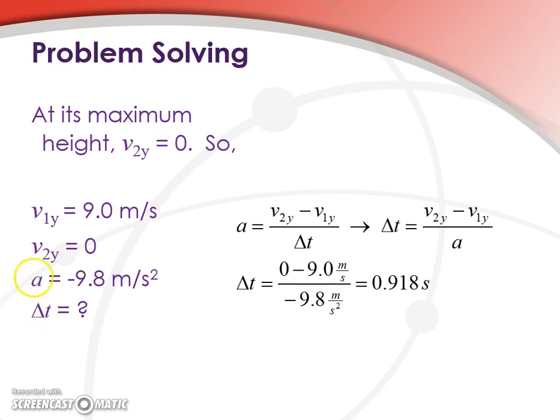We simply have to use our equation for constant acceleration, rearrange it to get delta t equals v2y minus v1y over a. Substitute in, and we find that the duration of the experiment to get to maximum height is 0.918 seconds.